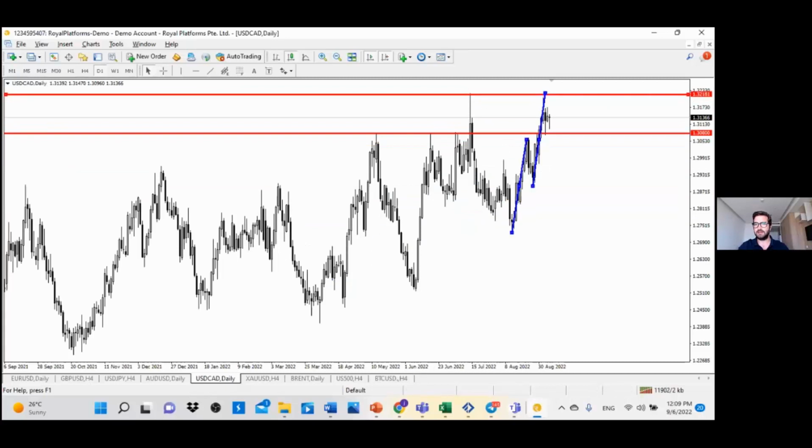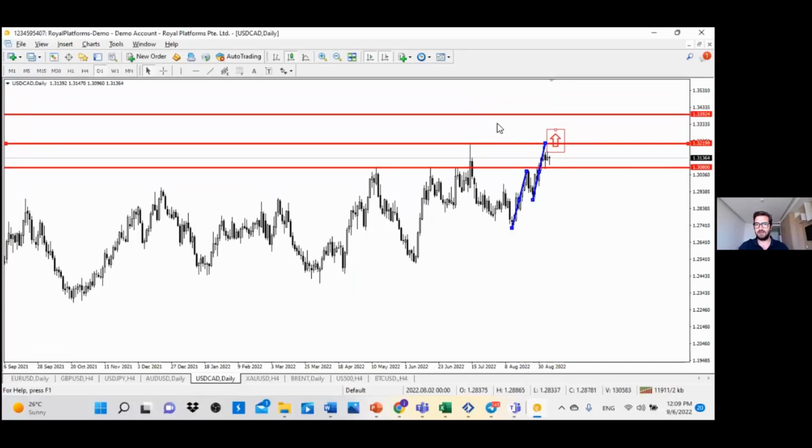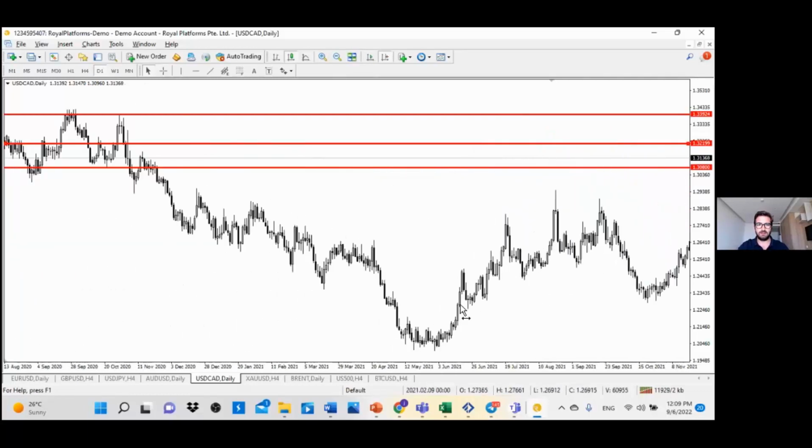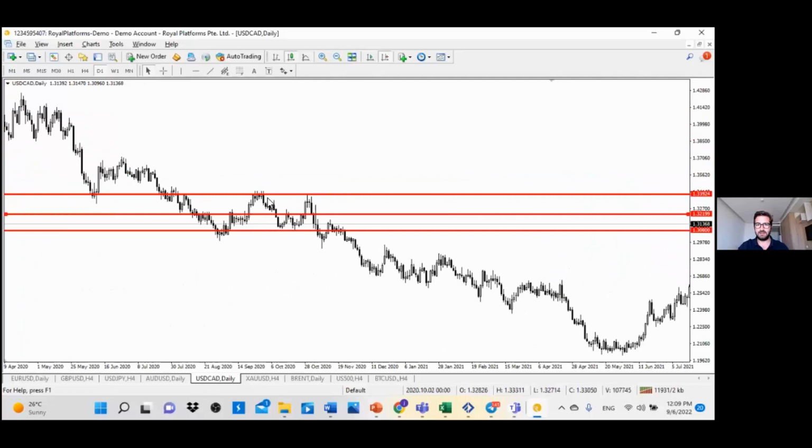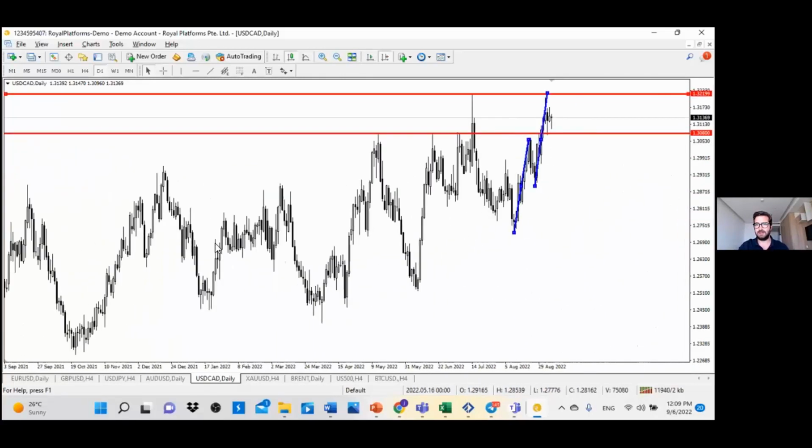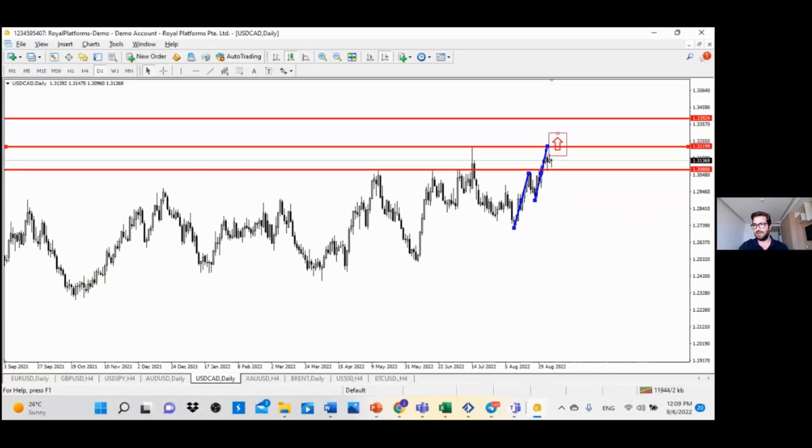This is a high, so the market will test first this area, and if it continues all the way up, it might test the 1.3390. Let me go back. Here we have these two highs, which make the 1.3390. This is why I chose the next target as the 1.3390.